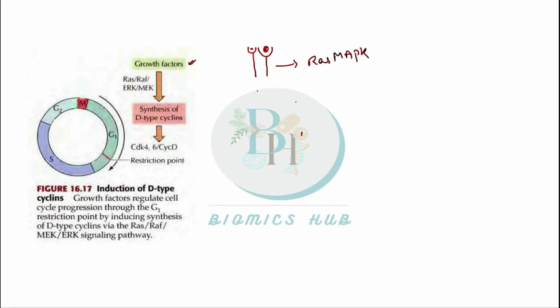It enters into the nucleus. It activates the RAS, RAF, ERK or MEK pathway and this enters into the nucleus. After it has entered into the nucleus, it activates some transcription factors. The transcription factors are CMYC, FOS and JUN.